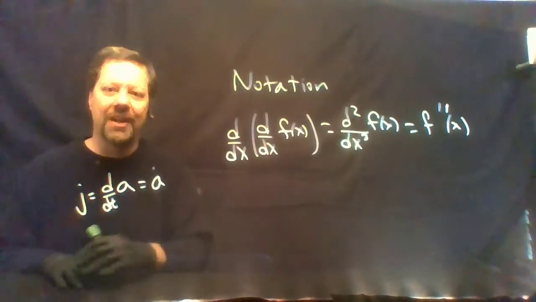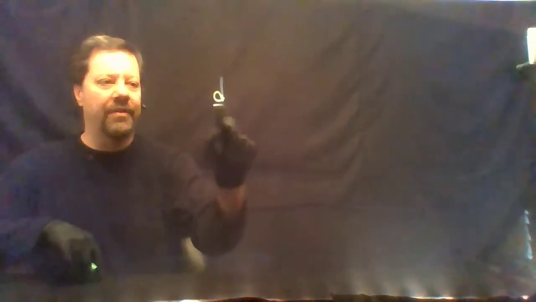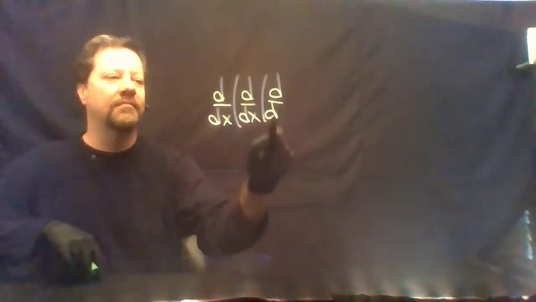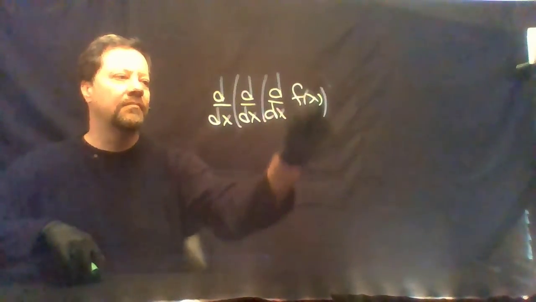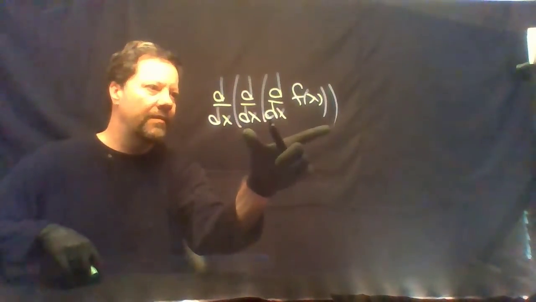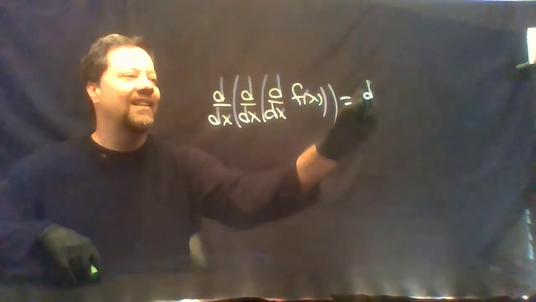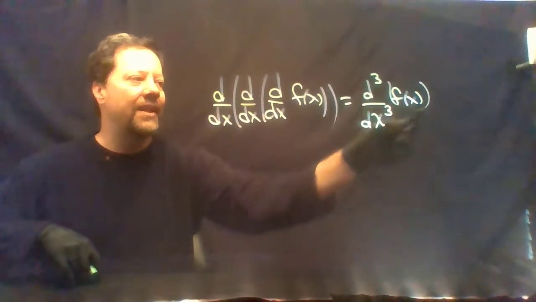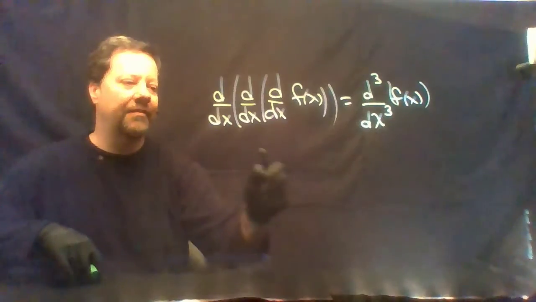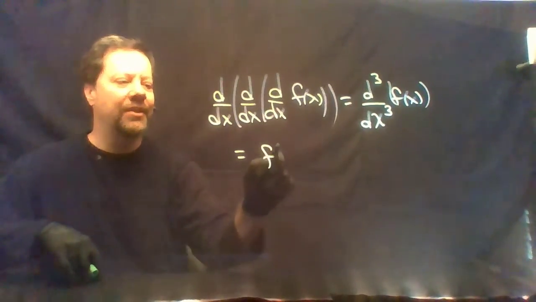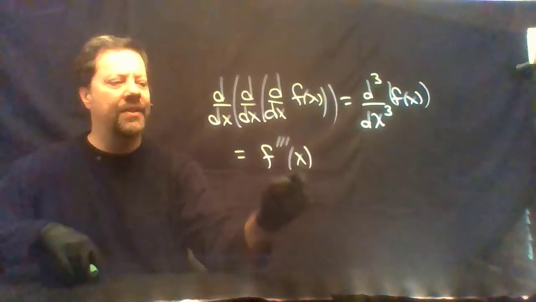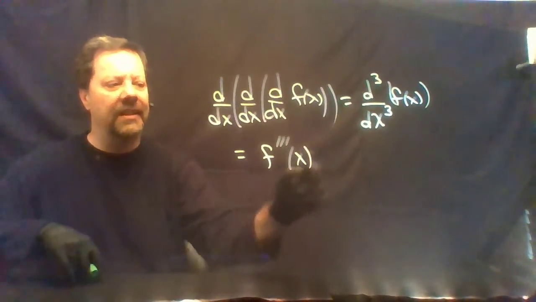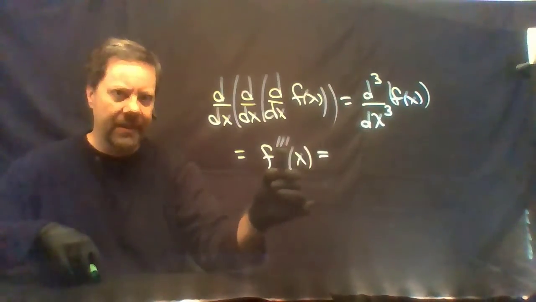It's the jerk of those engine parts that causes a lot of that wear and tear. If I have a third order derivative, we describe that with the Leibnizian notation d cubed over dx cubed of f of x, or in the Newtonian notation, you can either use 3 primes, though 3 or more primes becomes a little tedious and sometimes difficult to distinguish.